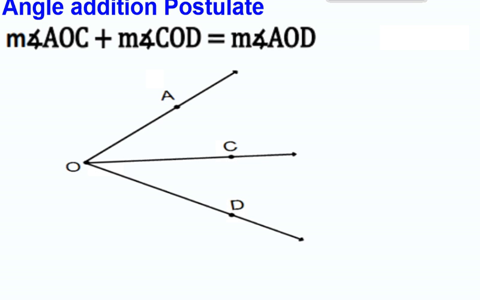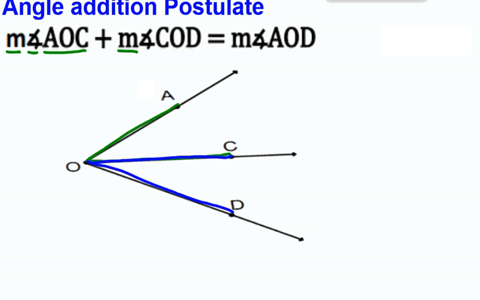This says the measure of angle AOC plus the measure, M stands for measure, of angle COD is equal to the measure of AOD.